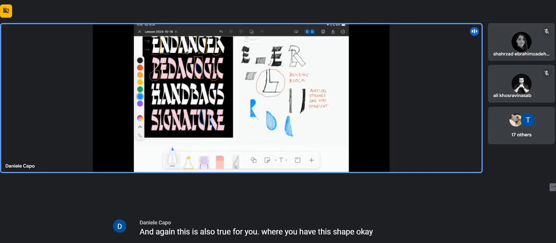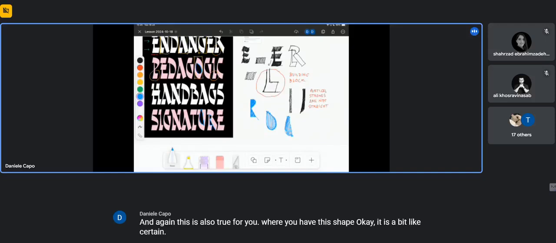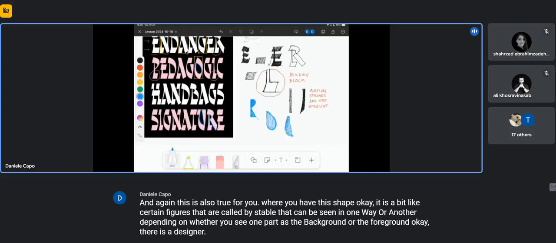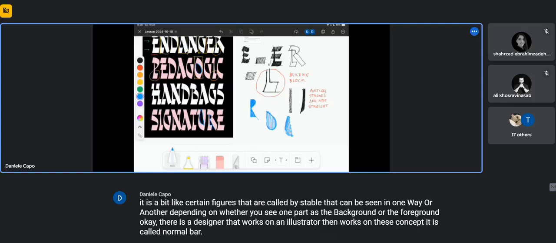It is a bit like certain figures that are called bistable, that can be seen in one way or another, depending on whether you see one part as the background or the foreground. There is a designer who works on this concept in Illustrator. He is called Noma Bar.